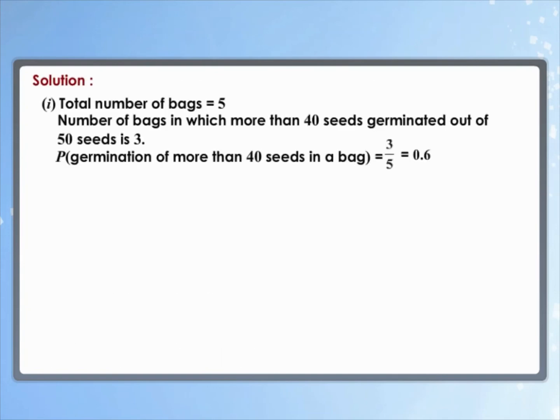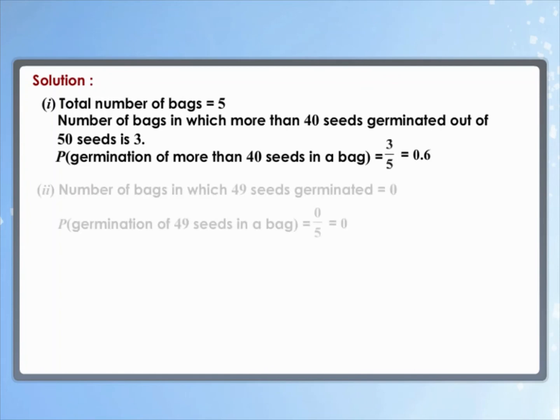Solution. Total number of bags is equal to 5. Number of bags in which more than 40 seeds germinated out of 50 seeds is 3. P of germination of more than 40 seeds in a bag is 3 by 5, which is equal to 0.6. Number of bags in which 49 seeds germinated is equal to 0.